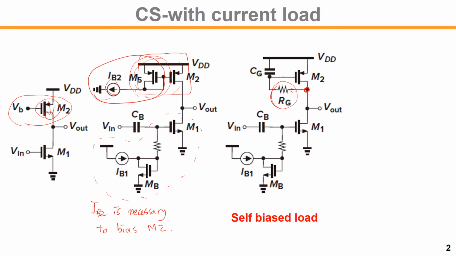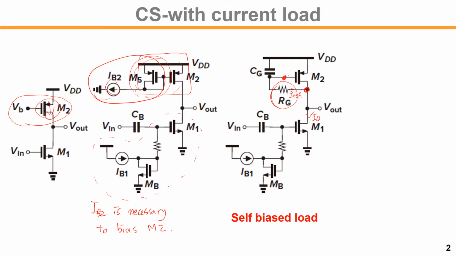In this case, the DC current through the RG is always 0 amps, so the voltage drop is 0. So we use that RG to generate the proper gate voltage to flow the same amount of current as the M1 drain current.